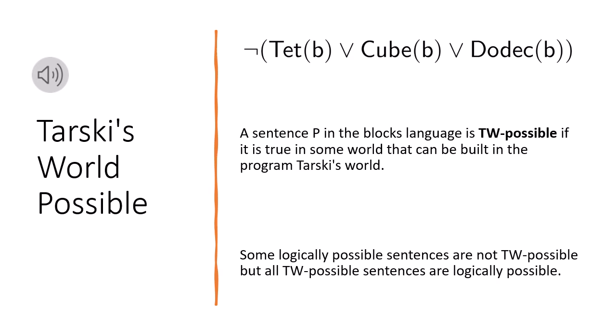And if b was being named by a sphere, then Tet(b), Cube(b), and Dodec(b) would all be false. The disjunction would then be false, and the negation would be true. And so, in that sense, if b was a sphere in this world, it would be logically possible for this sentence to be true. And so, again, this is an example of something that's logically possible, but not TW possible.